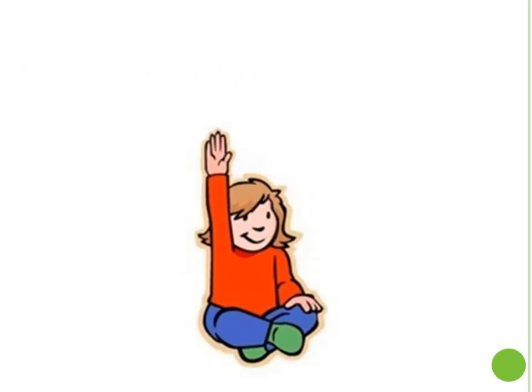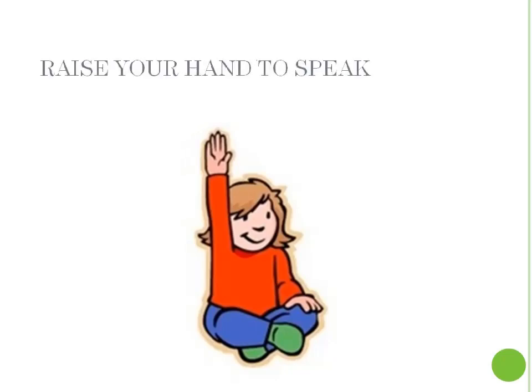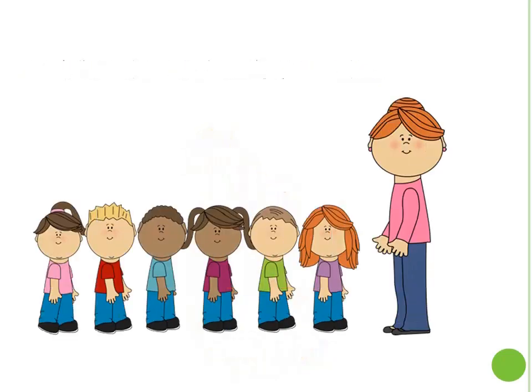This next one is quite easy because you already do it in class. What do you do? Yes, you raise your hand before you speak something or share some news with your teacher. What do we have in front of us in this image?